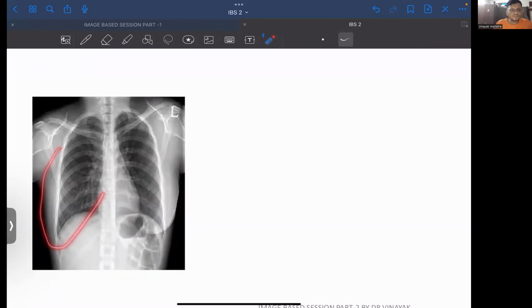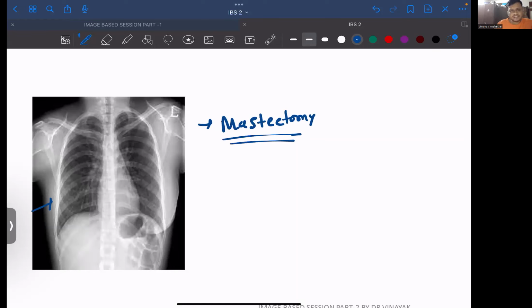There is nothing. It is an X-ray of a female, right? So there is an absent breast on what? On the right side of the X-ray. So it is either the patient is post mastectomy, removal of breast, right?